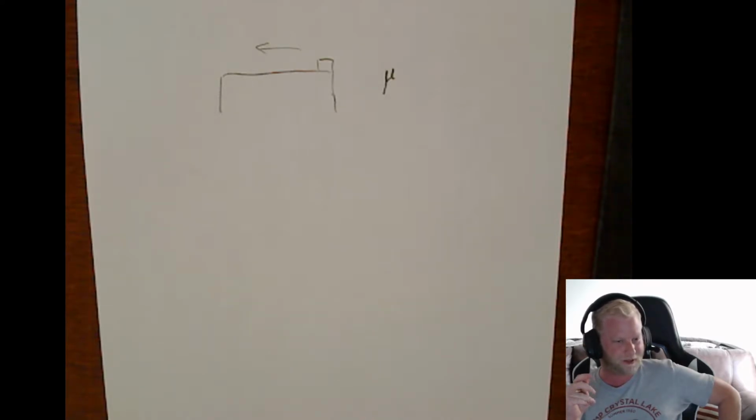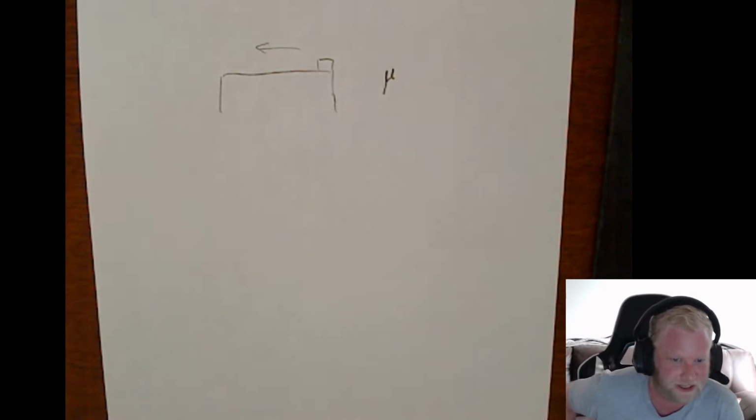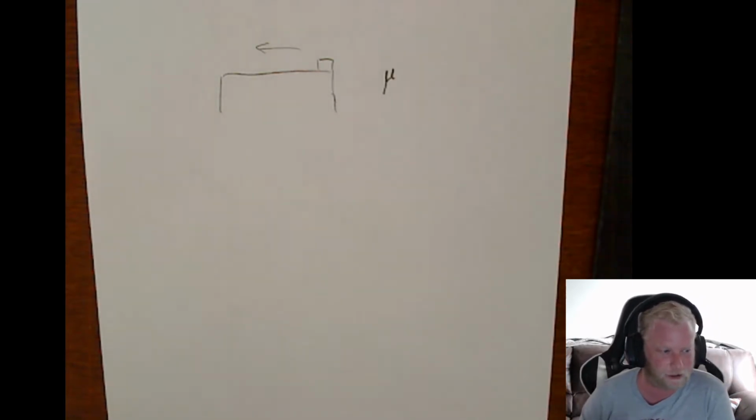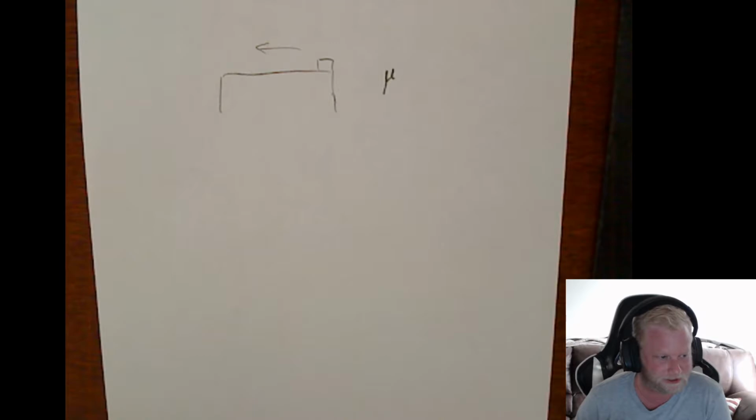So if you're solving for the coefficient of friction, it would be one of those rare times where your answer should not have a unit enclosed within it. All right, so the coefficient of friction has no units. Now, the lower the coefficient of friction is between two materials, the less friction there is. The higher the coefficient of friction is, the more friction there will be between those two materials.